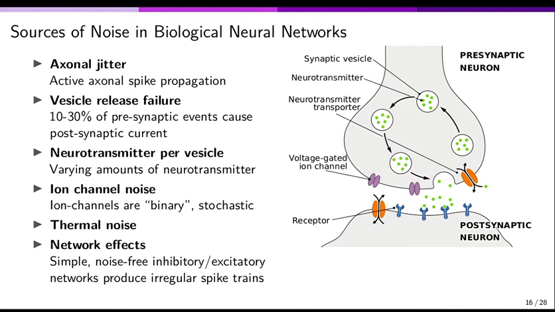Those spikes that are coming through the system sometimes are moving slightly faster, sometimes slightly slower, sometimes fading a little bit more, sometimes not. When those spikes hit the end of a synapse and release neurotransmitter to communicate to the next neuron, sometimes it doesn't release neurotransmitter. This is called vesicle release failure. So sometimes the spike is just totally ignored.